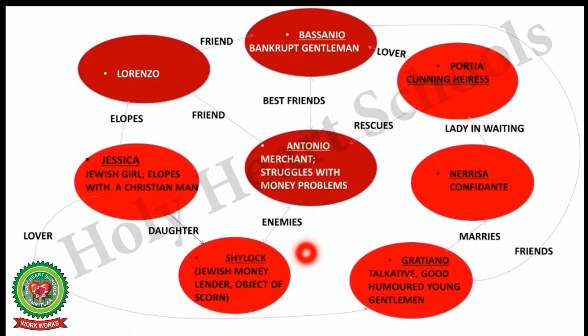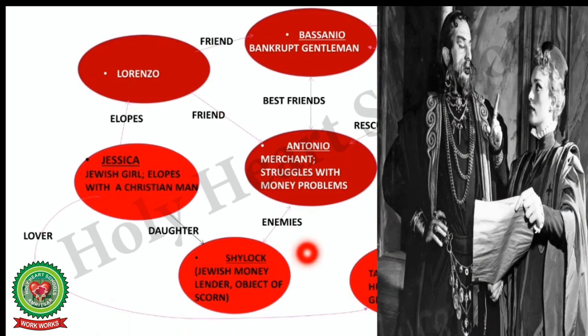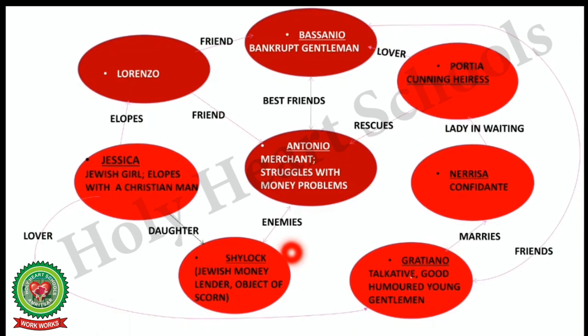He lays a condition that Antonio has to sign a bond according to which if Antonio will not be able to pay back his money within 3 months, he will take a pound of flesh. Students, here Shylock will take a pound of flesh from any part of Antonio's body.